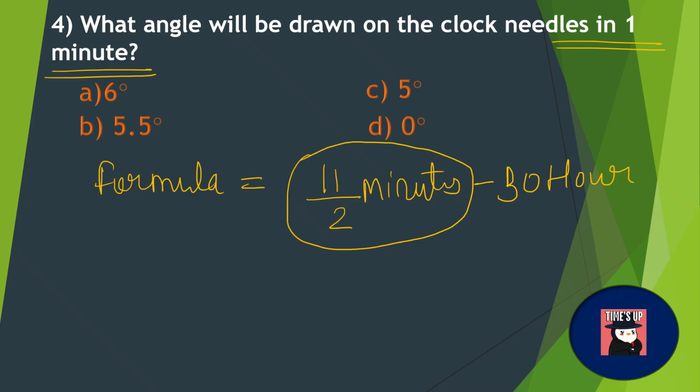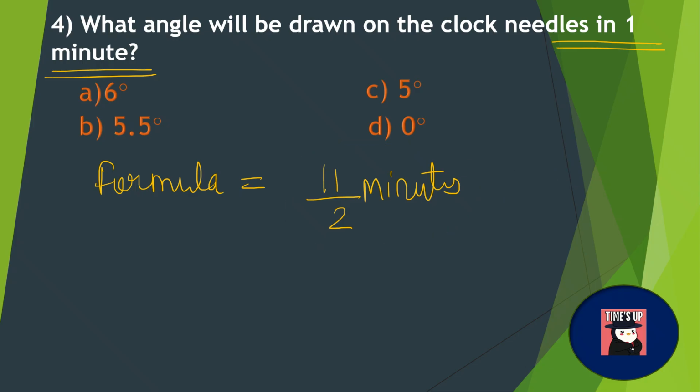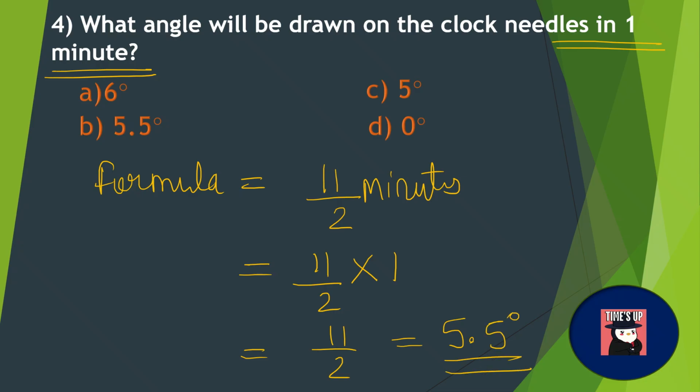Okay. So I will take only that part. 11 by 2 into minute is 1 minute. 11 by 2 which comes to 5.5 degree. Answer is B, that is 5.5 degree.